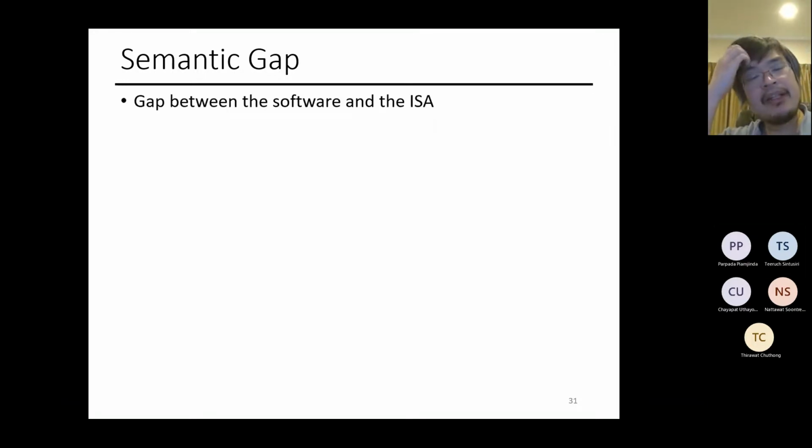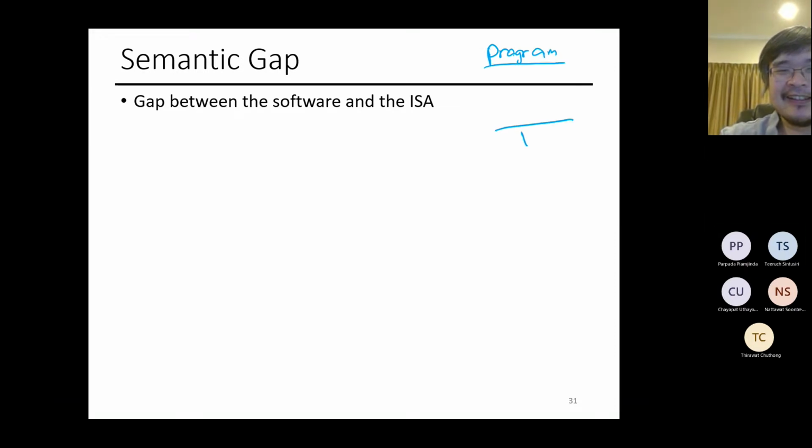We also have to touch on the topic of semantic gap. Semantic gap basically means the gap between your program, the C code, Python code that you're writing, to the ISA, to the assembly that you compile, right? So this is the program that you're writing, and this is the compiled code, right? Over here is the semantic gap.